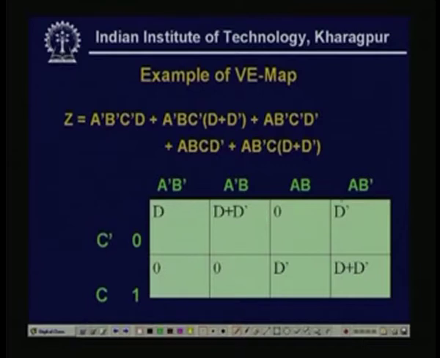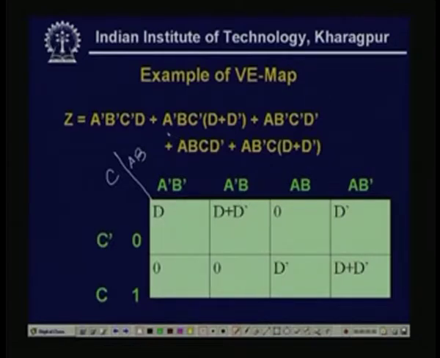This is the K map for 3 variables, this is for AB, the 2 variables, and this is for C. The first one is A'B'C', so I can write the first element as D.